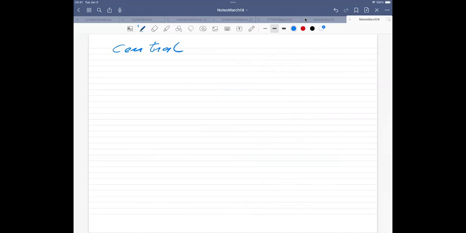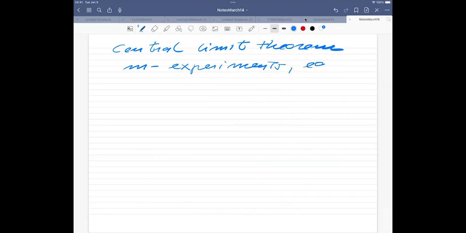So if we now look at the central limit theorem, suppose now we have a set of experiments. So we have M experiments. And each of these has a mean value. So I'm going to define an experiment.